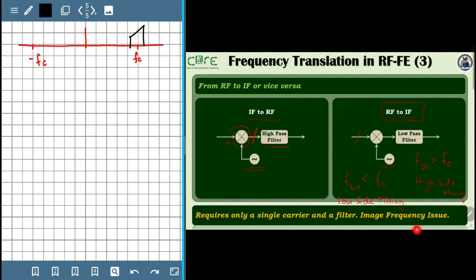It looks something like this. And this incoming signal is being multiplied, as you see in this diagram, with the local oscillator signal F_LO, and we are first considering this case where F_LO is less than F_C, and in that particular case the spectrum of the LO signal would look something like this.